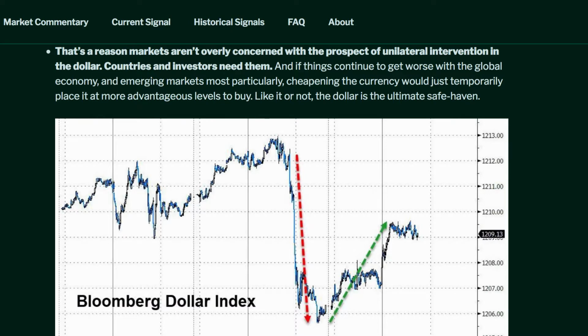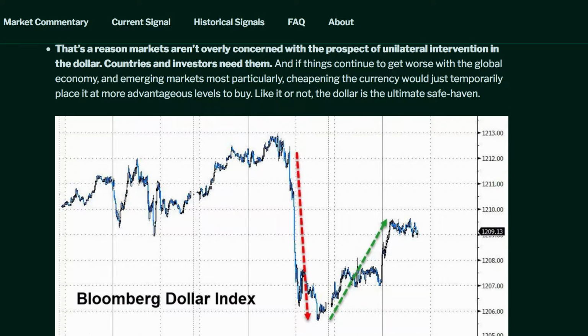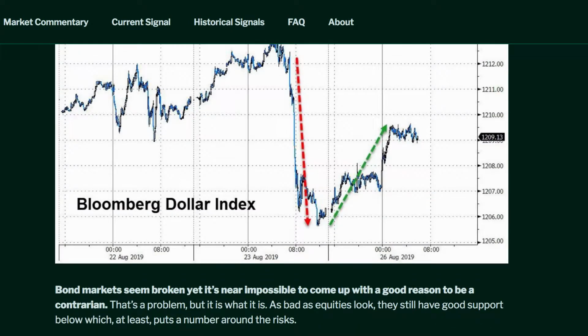Like it or not, the dollar is the ultimate safe haven. Bond markets seem broken, yet it's near impossible to come up with a good reason to be a contrarian. That's a problem, but it is what it is. As bad as equities look, they still have good support below, which, at least, puts a number around the risks.